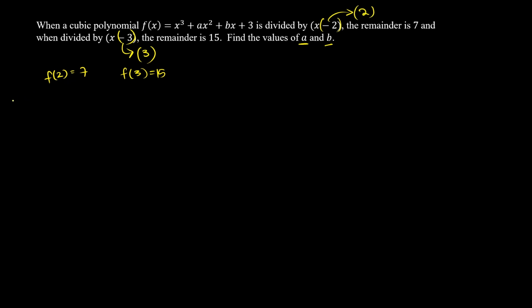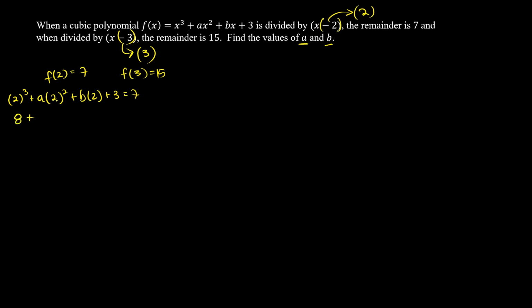So first, f of 2 would be 2 cubed plus a times 2 squared plus b times 2 plus 3 is equal to 7. And we'd have to simplify that, right? So 2 times 2 times 2, that's 8.